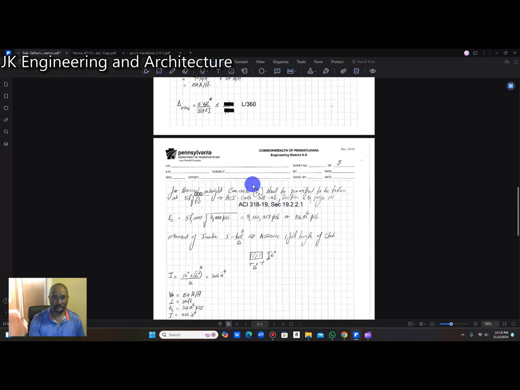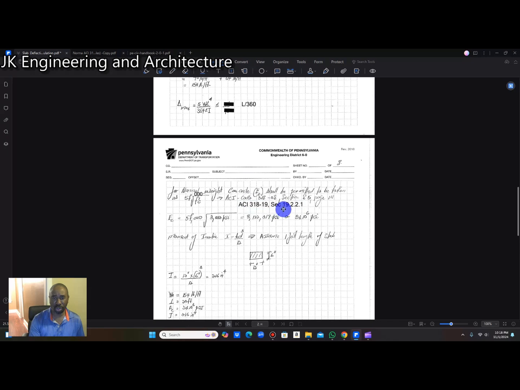For normal weight concrete, the elastic modulus of concrete shall be permitted to be 57,000 times the root of f'c. So f'c is the strength of concrete that we're going to use for this calculation.